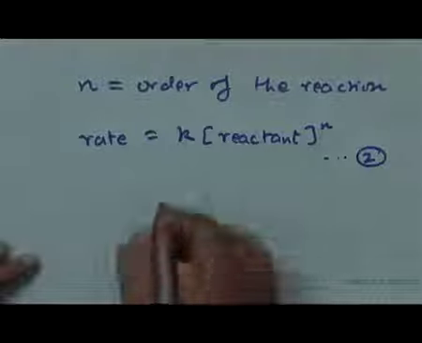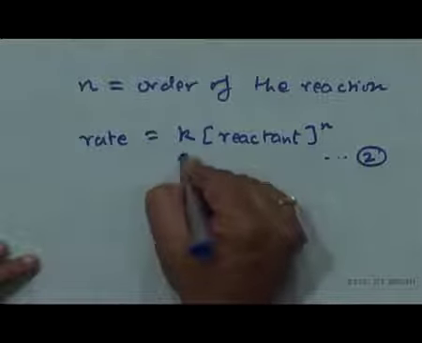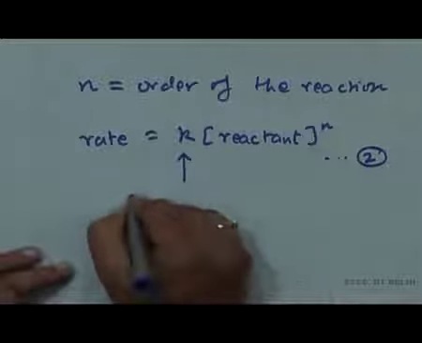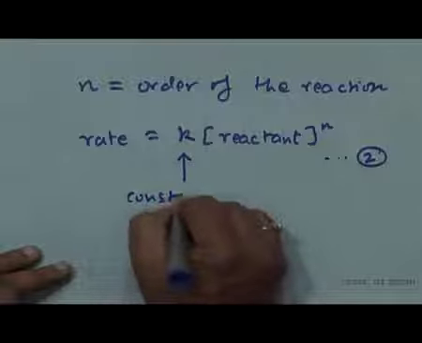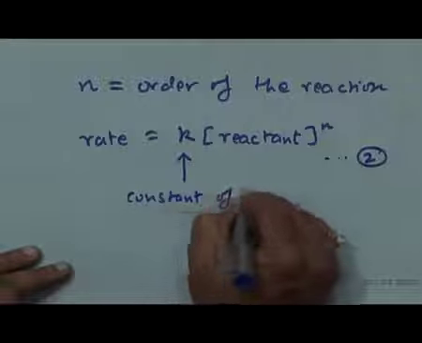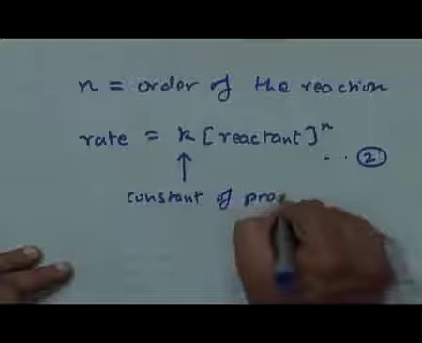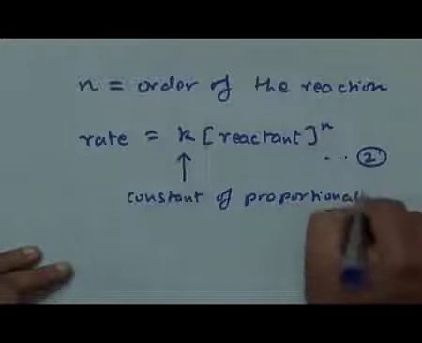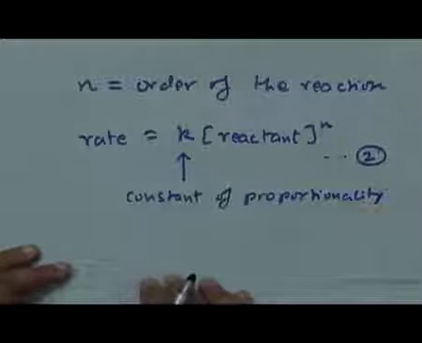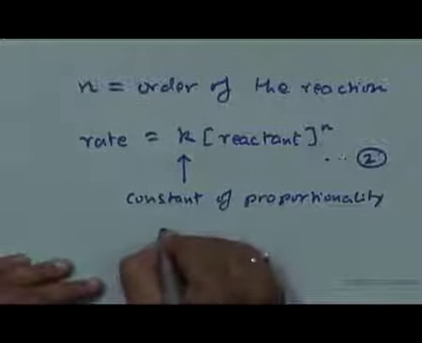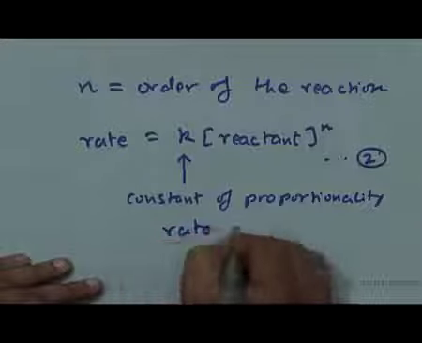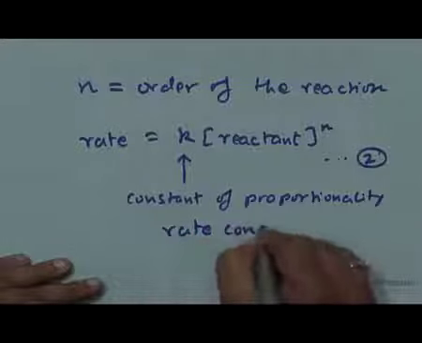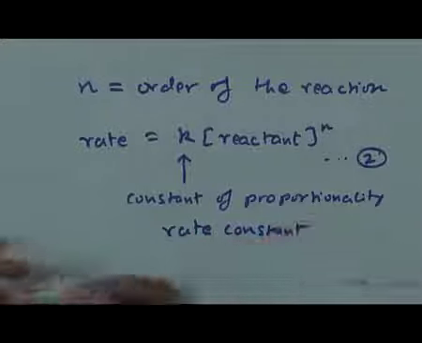Okay. So, obviously, now you realize that this k is my constant of proportionality, and hence this one is called the rate constant.